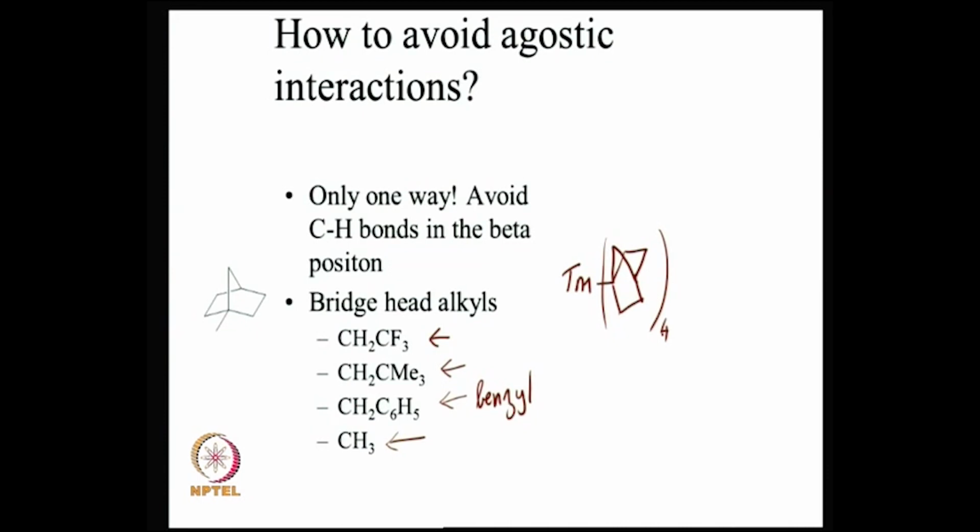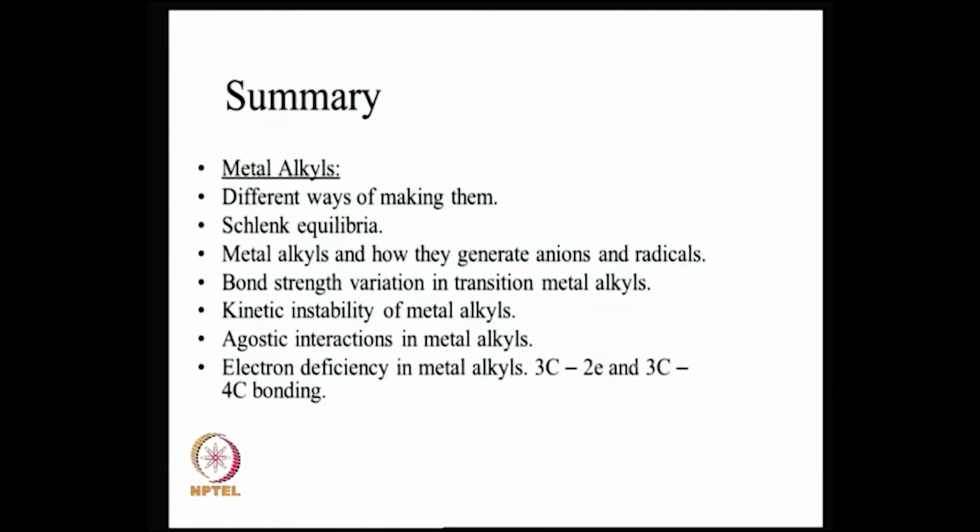Because it is difficult to form double bonds at a bridgehead, you cannot form these bonds, otherwise it becomes unstable. So, transition metal complexes which have a norbornyl group are quite stable, and you can observe them.